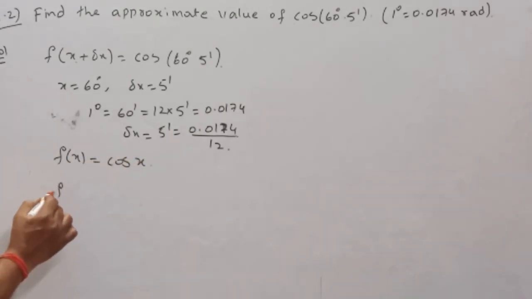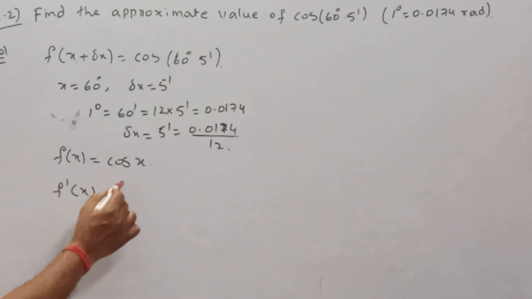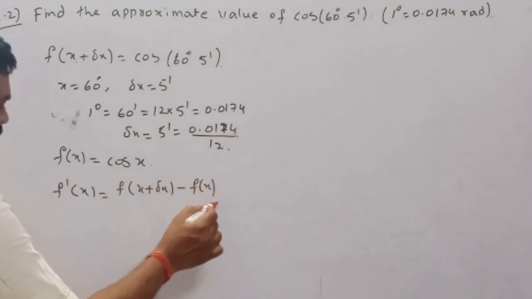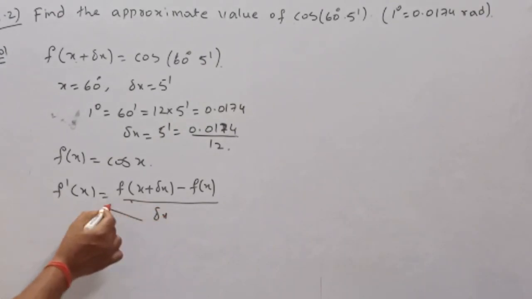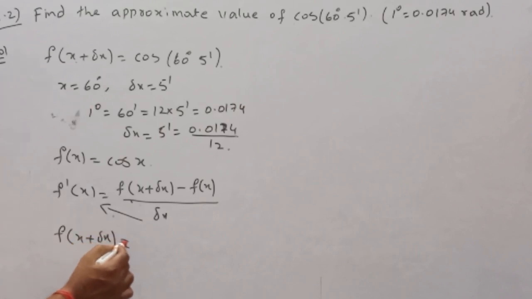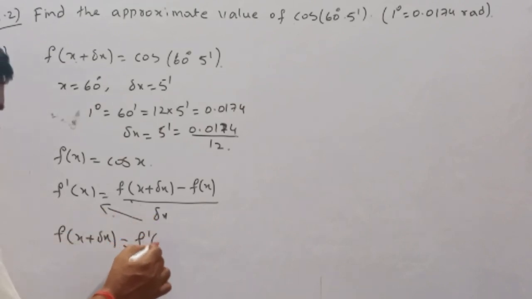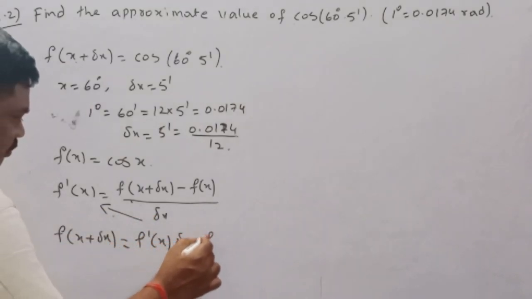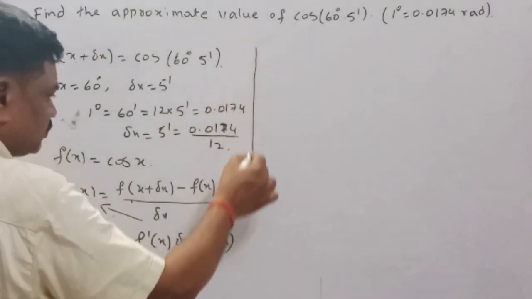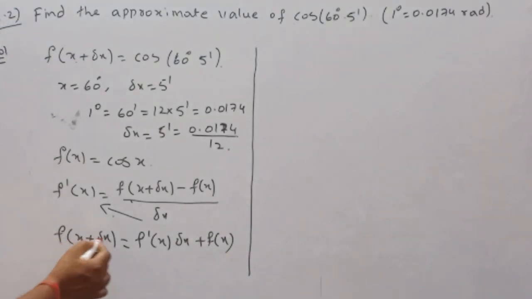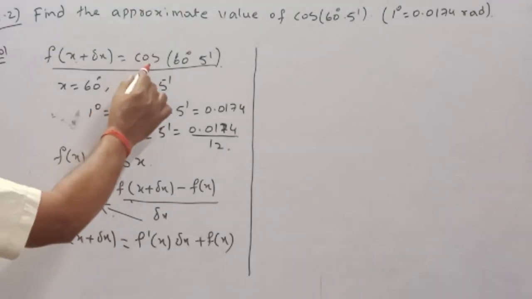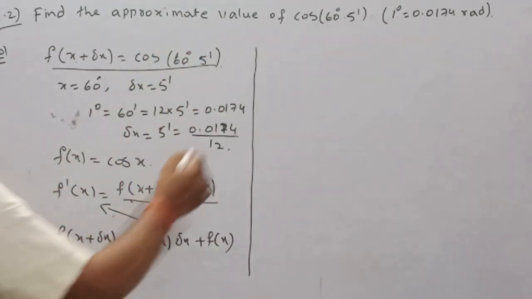So we know that f dash of x is equal to f of x plus delta x minus f of x by delta x, and by cross multiplication, f of x plus delta x is equal to f dash of x delta x plus f of x. Then f of x plus delta x is cos 60 degrees 5 minutes.